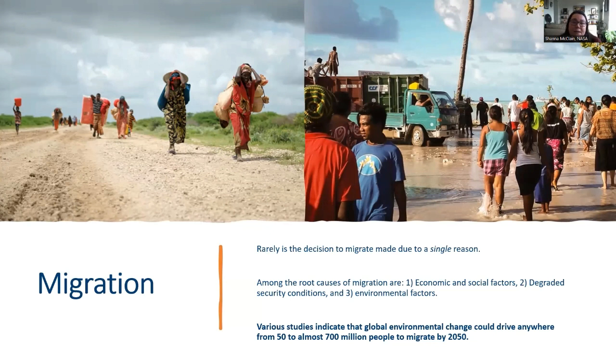In fact, it's understood that the change in our global environment will be one of the leading drivers of migration between now and 2050, causing somewhere between 500 and 700 million people to move worldwide. And that can include both internal migration as well as international migration, which is why the numbers are so large.